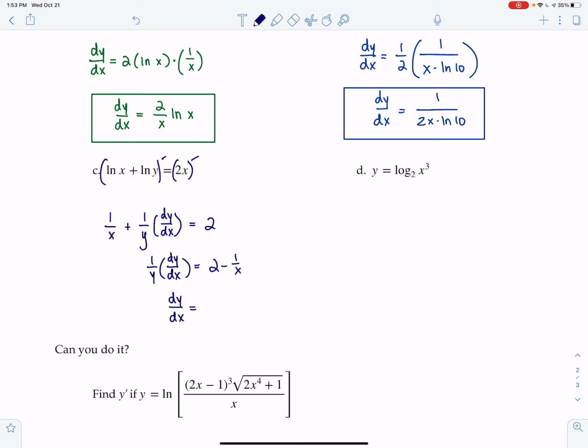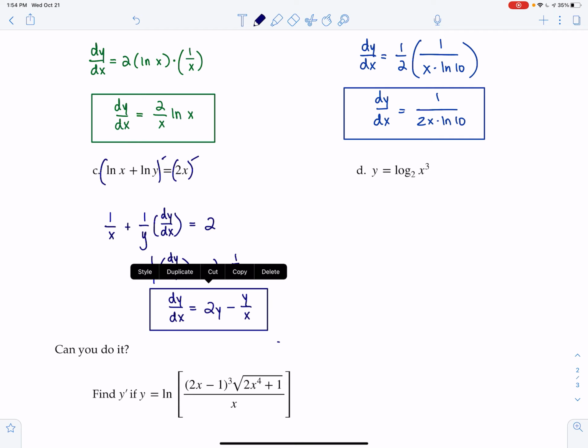So dy dx is equal to 2y minus y times 1 over x is y over x. And while that looks like a really weird derivative, it is totally legitimate and okay to write it that way, and that's how we're going to keep it.